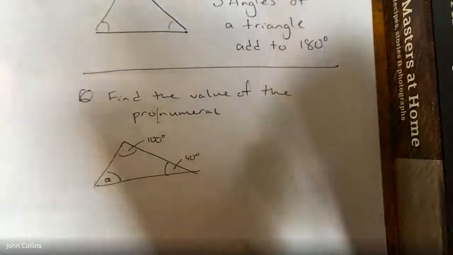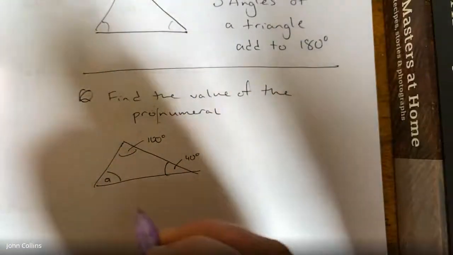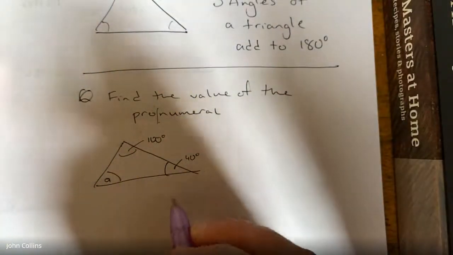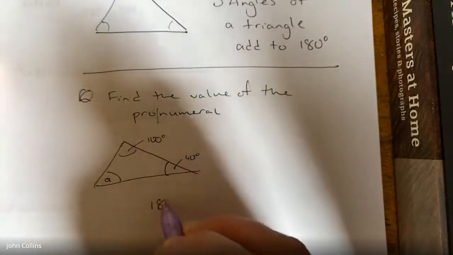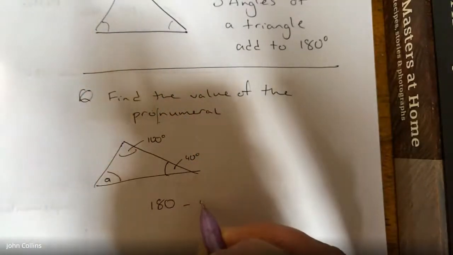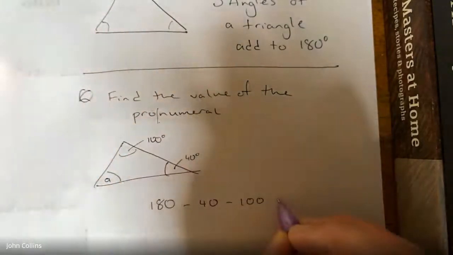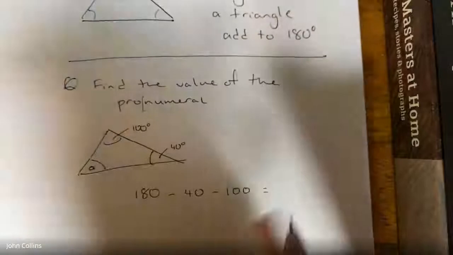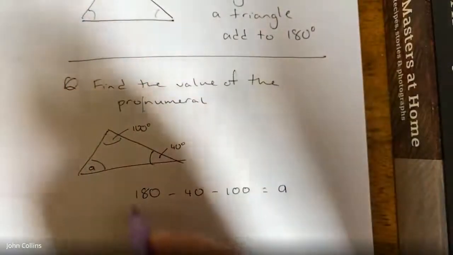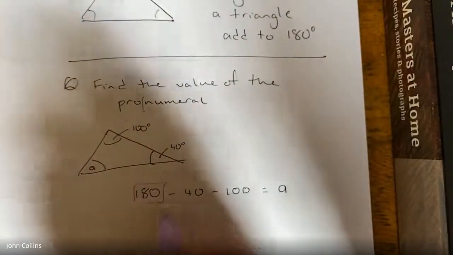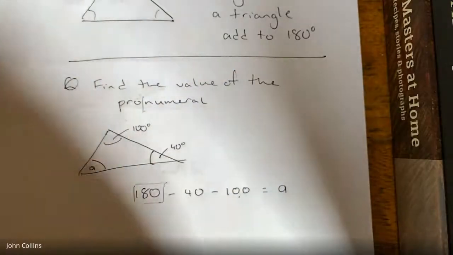Okay, so if you want to do some maths on this, we know that they all add up to 180 degrees. So 180 degrees is the total. And if I take away what I know, 40 and 100 as well, that will give me my answer for A. So the 180 is the total of a triangle. If I take away the angles I have, I'm left with the one I don't have.